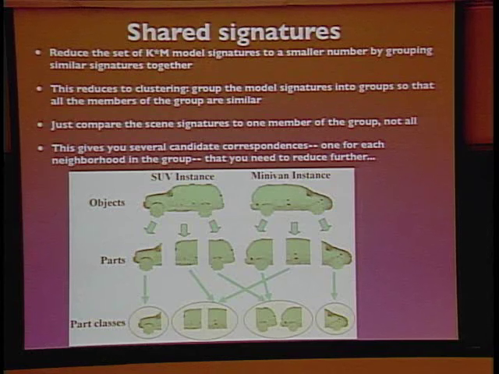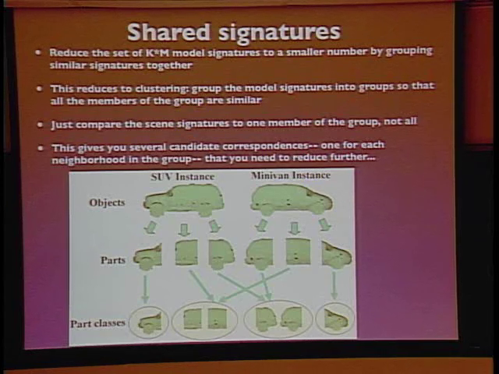By that I mean you basically end up with a set of correspondences between points on the scene and one of these part classes. So you have just added a new job for yourself in return for making the time complexity of this scene to model comparison much faster. In fact, what you end up with is a second problem of resolving these correspondences between scene points and model part classes.